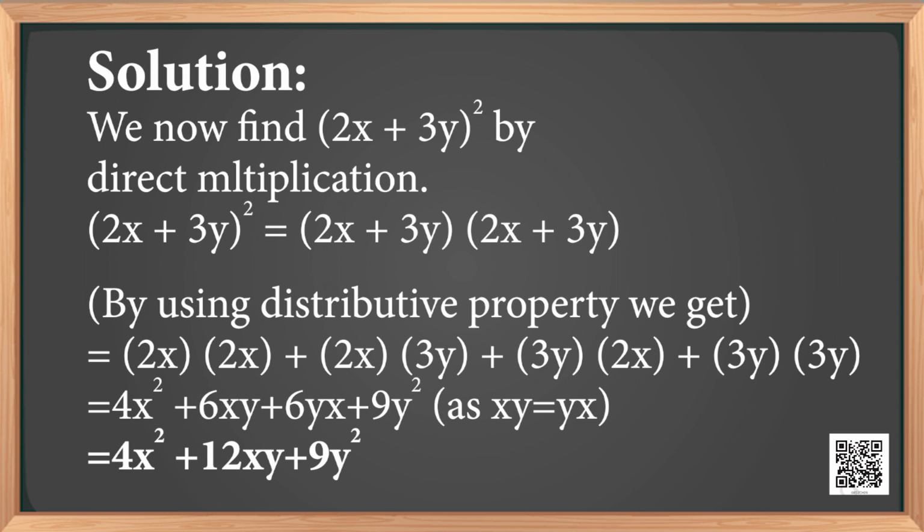By using the distributive property, we get 2x into 2x plus 2x into 3y plus 3y into 2x plus 3y into 3y, that is equal to 4x square plus 6xy plus 6yx plus 9y square, as xy is equal to yx, that is equal to 4x square plus 12xy plus 9y square.